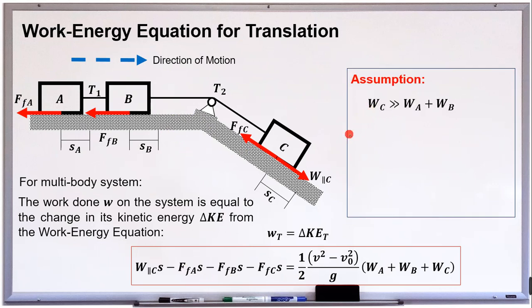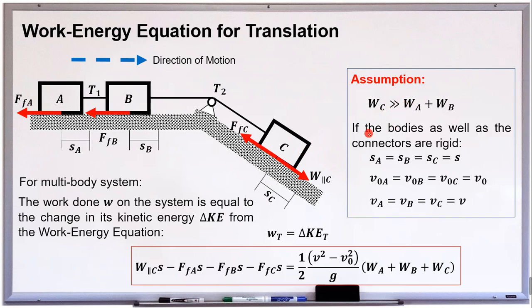So we have, if the weight of C is very large compared to the sum of the weights of block A and B, and if the bodies as well as the connectors are rigid, we can assume that these three blocks have equal displacements, as well as equal initial velocity and final velocity.